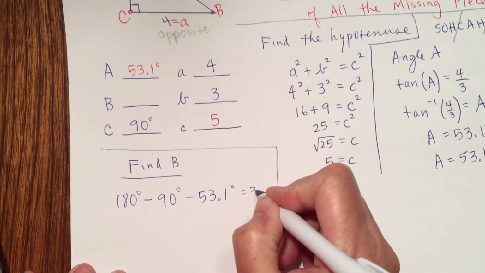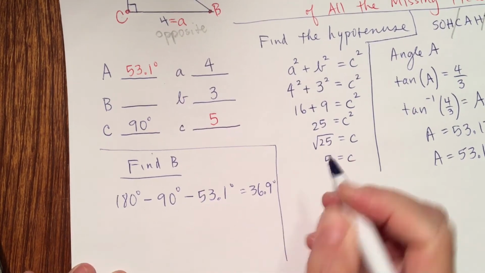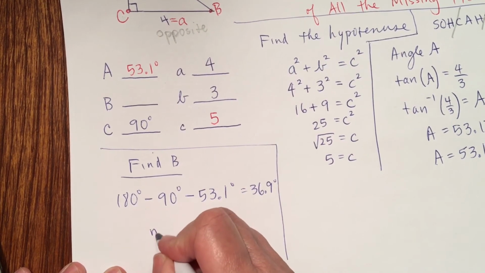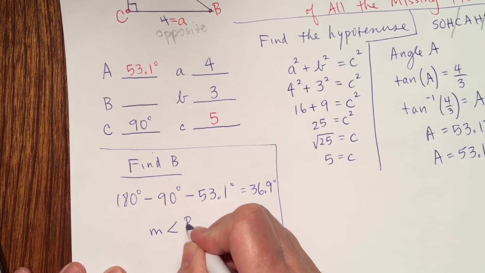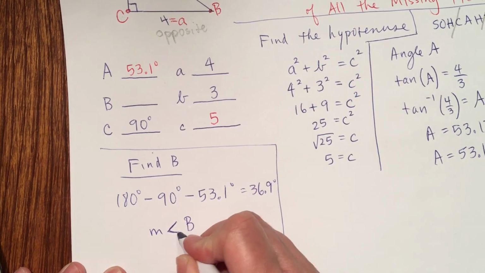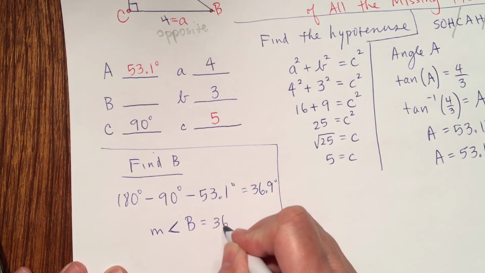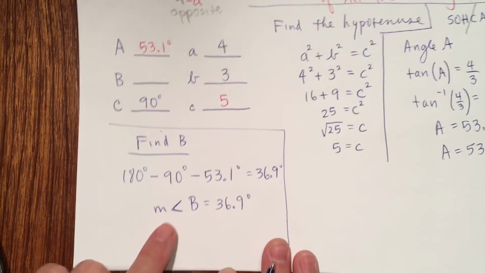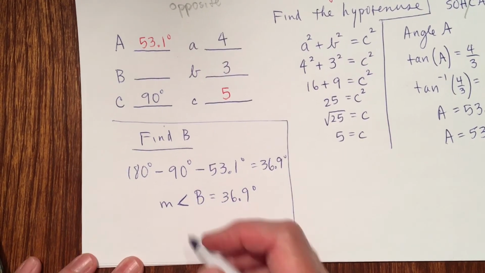So that's 36.9 degrees. So the measure of angle B is 36.9 degrees. My little angle mark there is written a little sloppy.